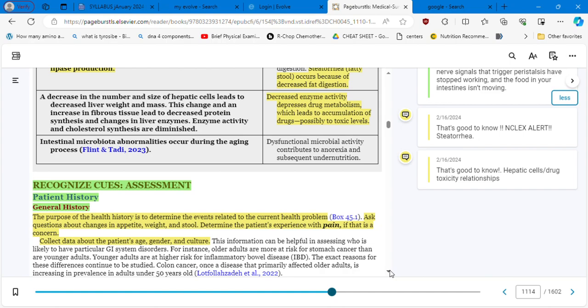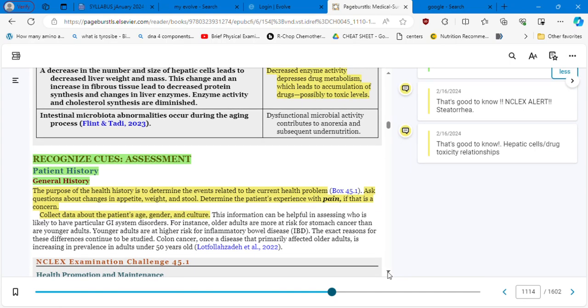We're going to discover this a little bit in this chapter and then in the future chapters, okay? Now, the hepatic cells and drug toxicity relationship is something that I want you to remember, please.